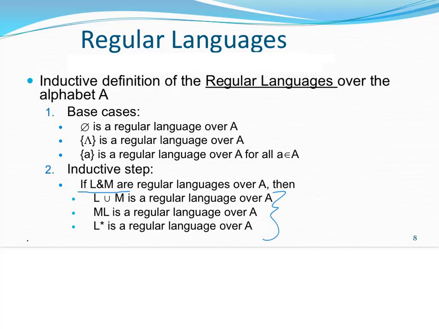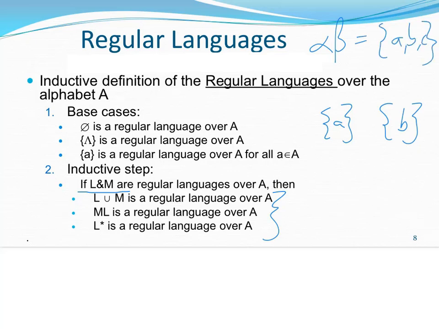So if you have 2 individual regular languages, L and M, so for example, maybe we have the language {A} and the language {B}, and our alphabet for this example is going to be the set {A, B, C}, right? And we happen to have these 2 languages.